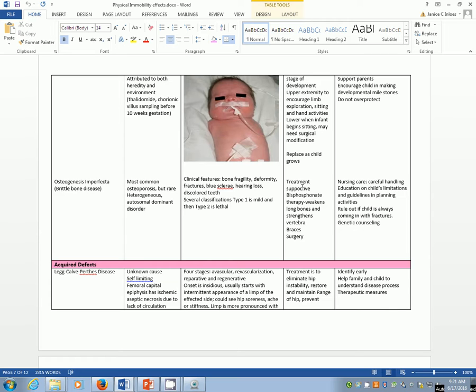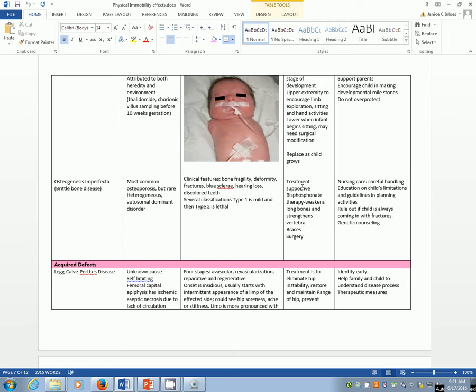It's something you really need to rule out when you have a child coming into the hospital frequently with fractures. We tend to think child abuse. It's really hard to break infant bones, but it's easier to break as they get older. If they're coming in with a lot of fractures, one of the things you can look at if you're trying to determine just by looking whether it's child abuse is that there should be bruising.